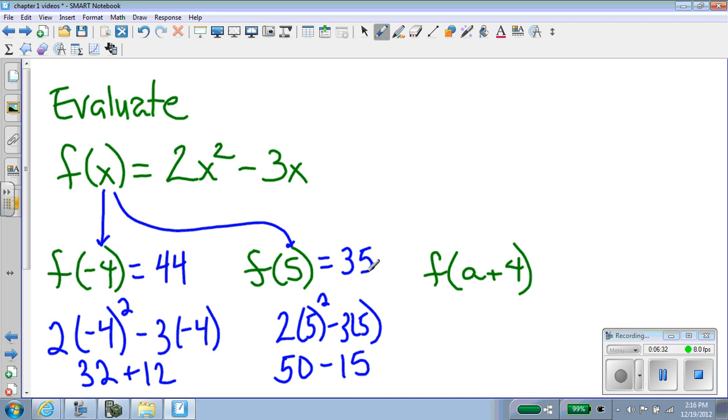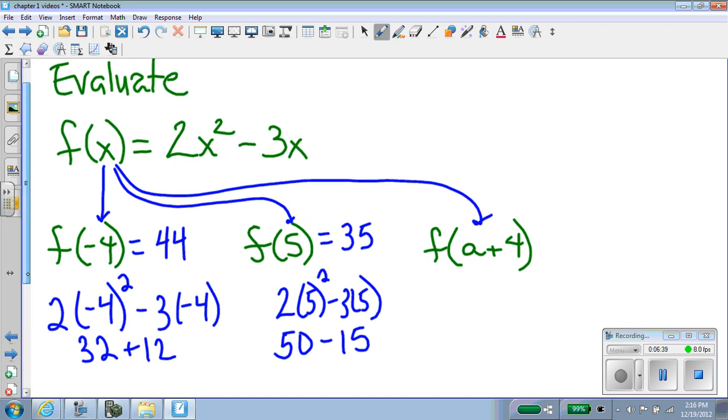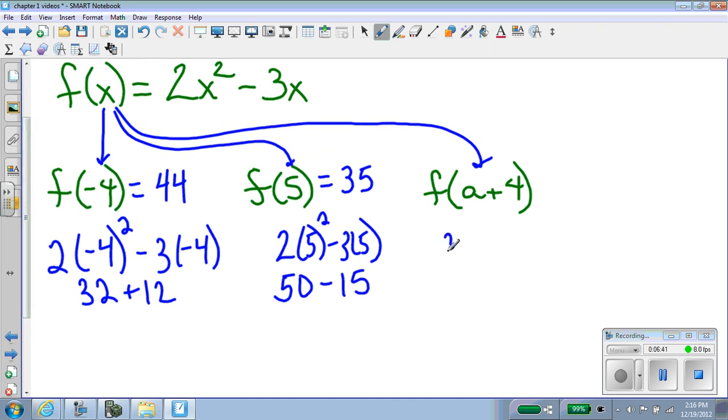How about f of a plus 4? So I'm going to substitute a plus 4 in for x. So 2 times (a plus 4) squared minus 3 times (a plus 4).